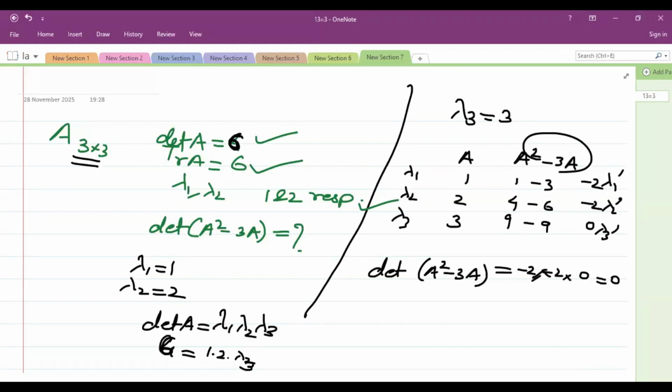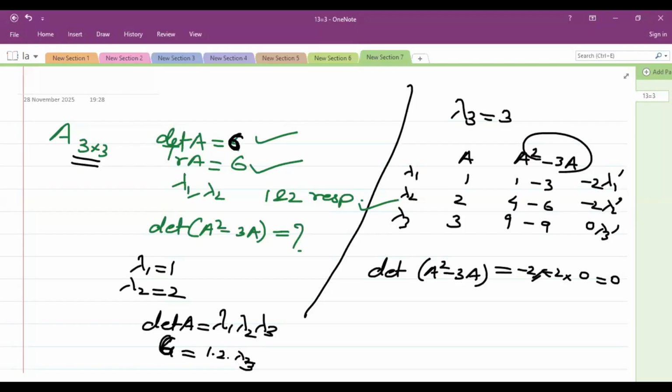Okay, let's take a question on eigenvectors. Sir, the number in the fourth column, what are they? It's minus 2, minus 2, and 0.